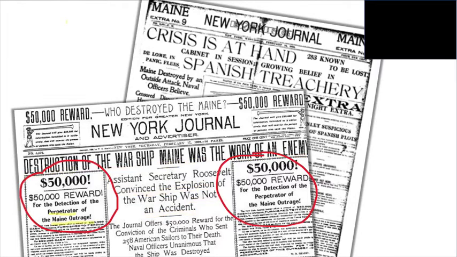You can even see here the newspaper is actually offering a reward for information about who was the perpetrator of this Maine outrage. So saying whoever is responsible for blowing up the Maine, if anybody has information about it, this newspaper is going to offer a $50,000 reward. Here's another headline: "Crisis is at hand because the cabinet has a growing belief in Spanish treachery."